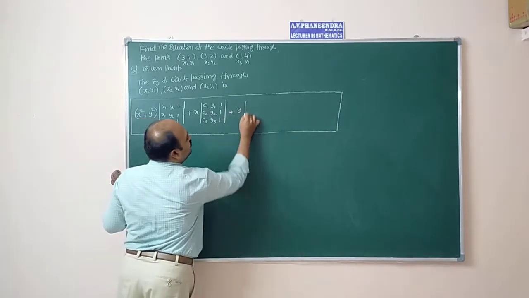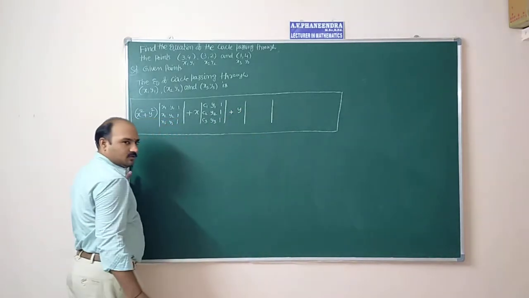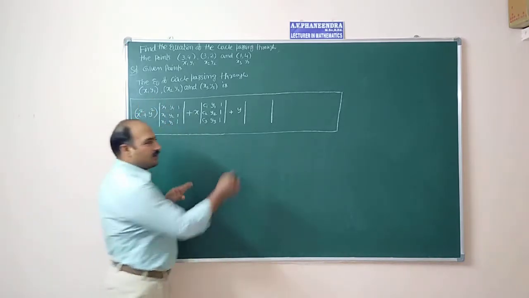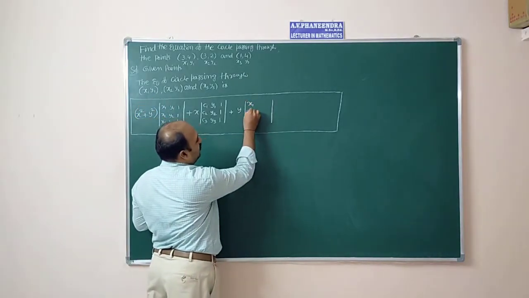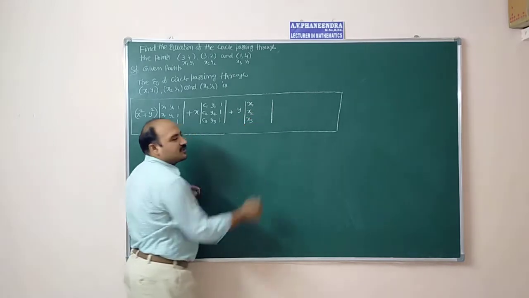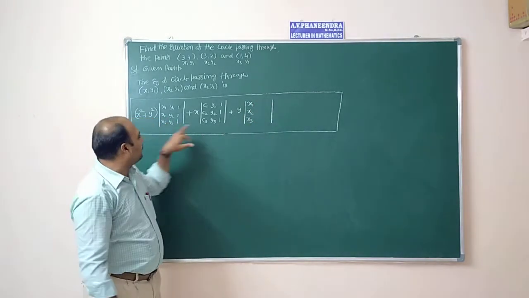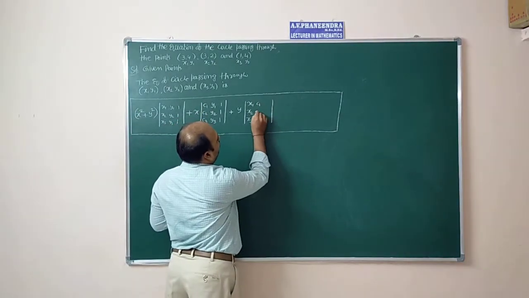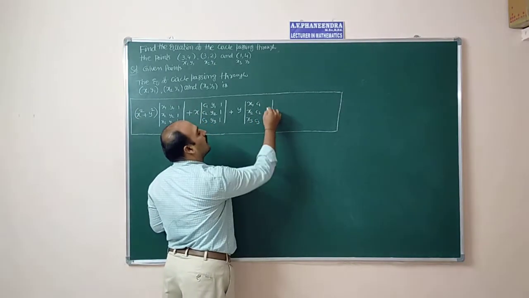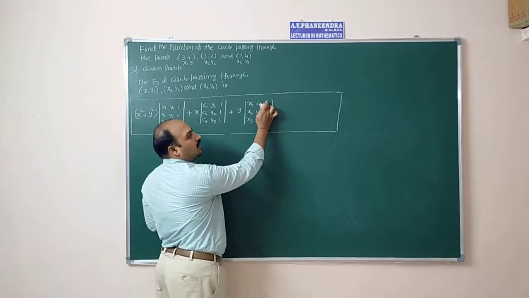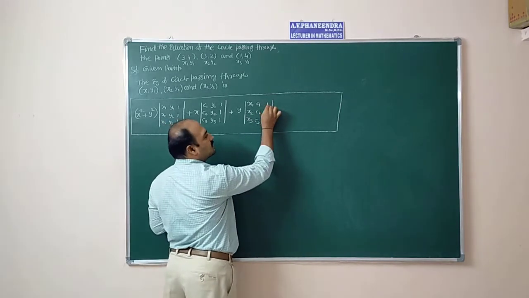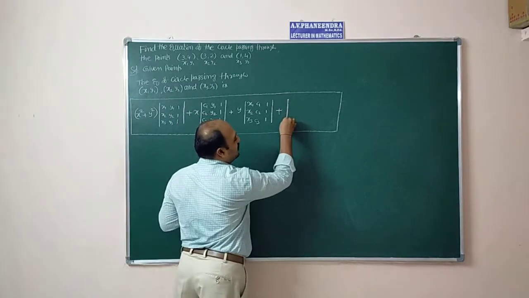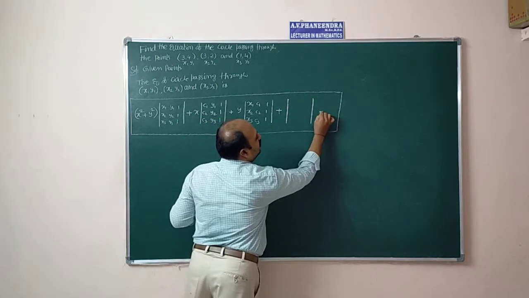Plus y into again a 3 by 3 determinant. First column x coordinates x1, x2, x3. The second column is replaced with C1, C2, C3, and here the last column is 1, 1, 1, plus the last determinant which is equal to 0.